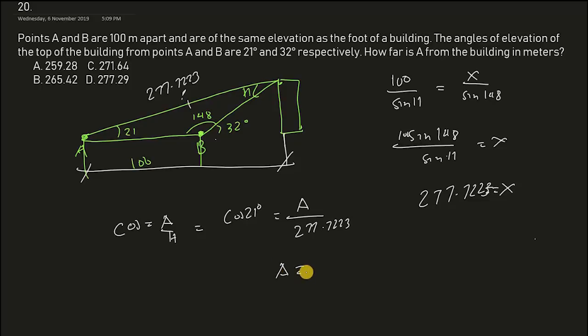Transpose natin sa kabila, the value of A would be equal to 277.7223 times cosine 21 degrees is equal yan sa 259.28. So, basically, our answer here is letter A.